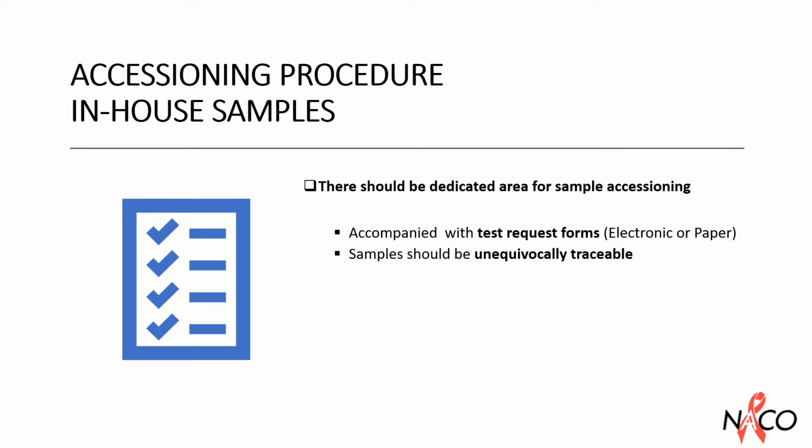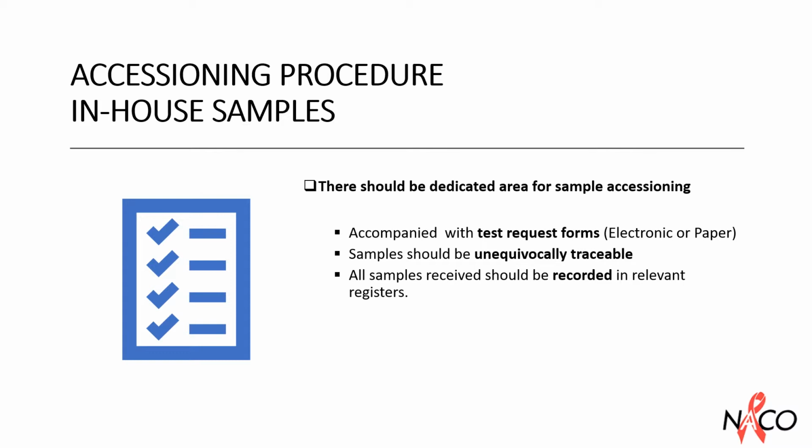Samples should be unequivocally traceable by request and labeling to an identified client by unique identification number and laboratory number. All samples received should be recorded in relevant registers. The date and time of receipt and or registration of samples should be recorded in the respective register.